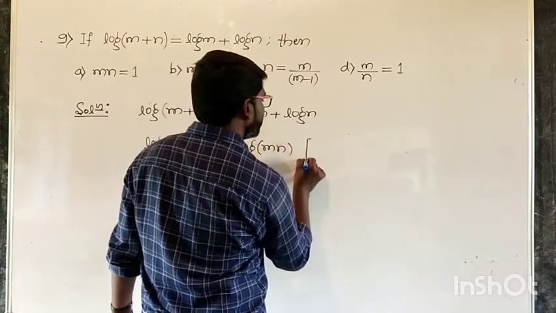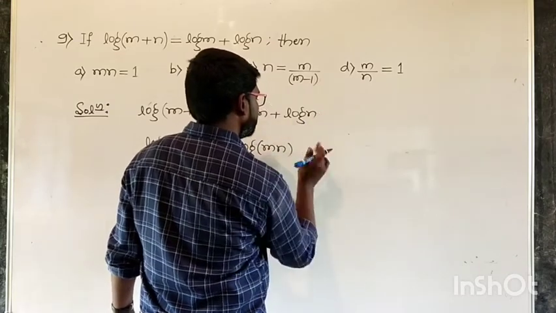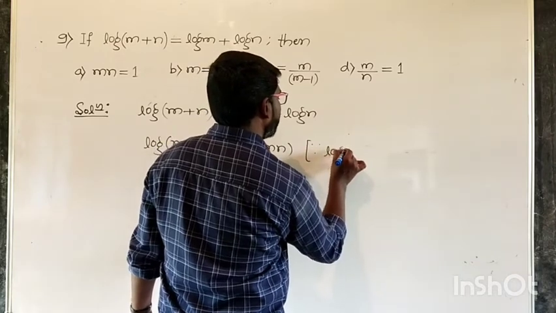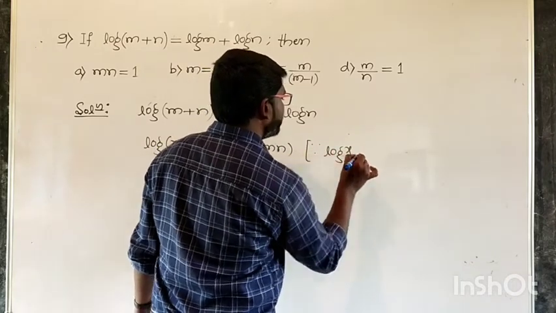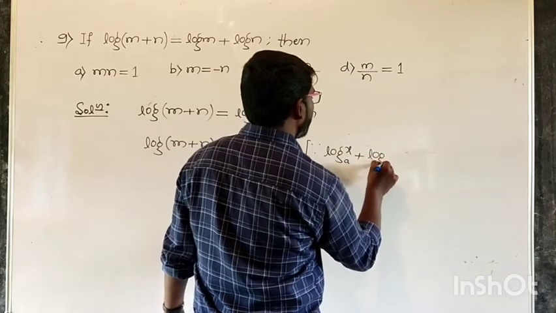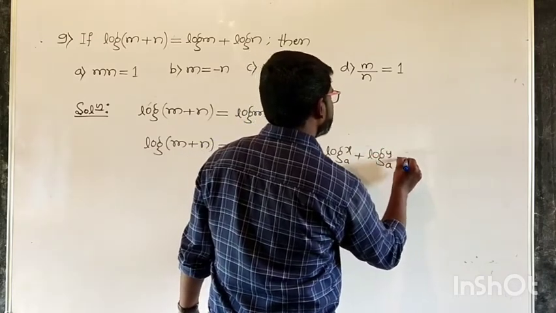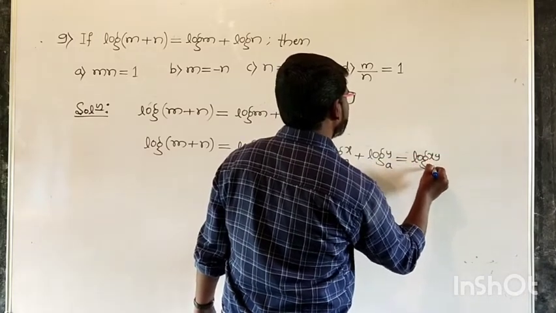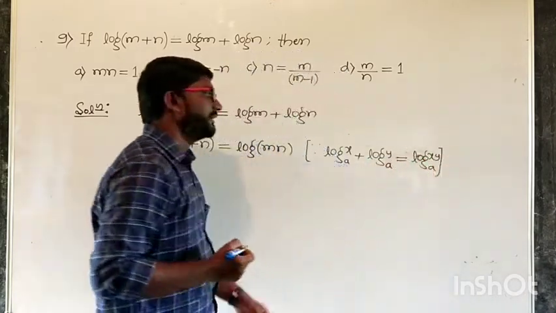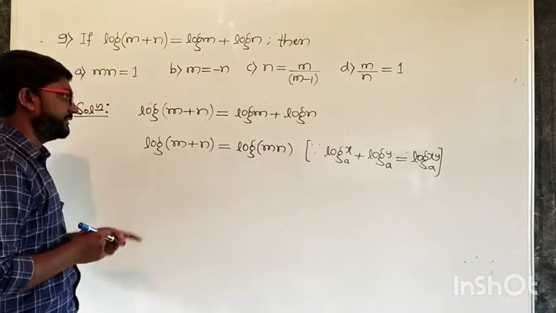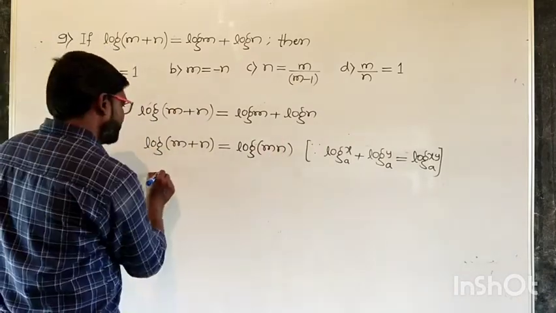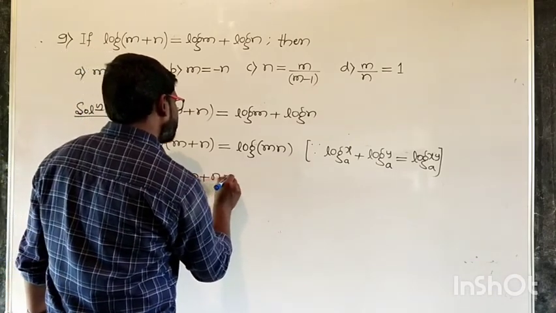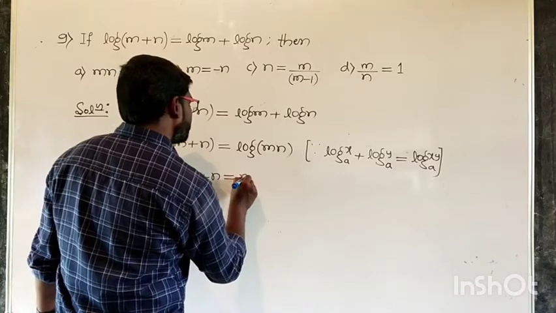I write the property here: log x to the base a plus log y to the base a is equal to log xy to the base a. This is the standard known property. Then log and log get cancelled. We get m plus n equal to mn.